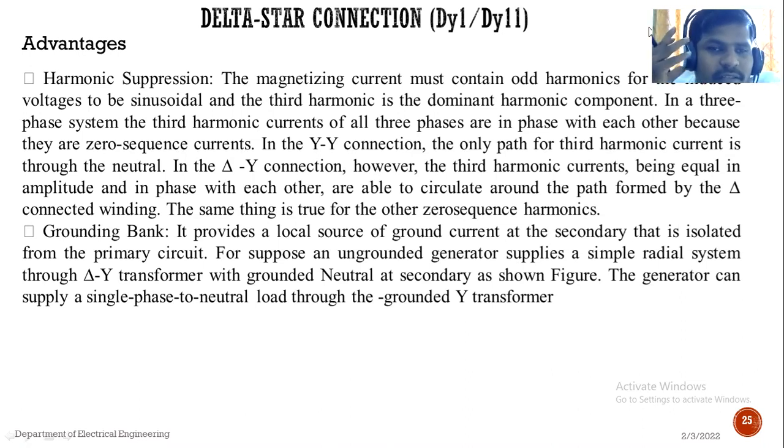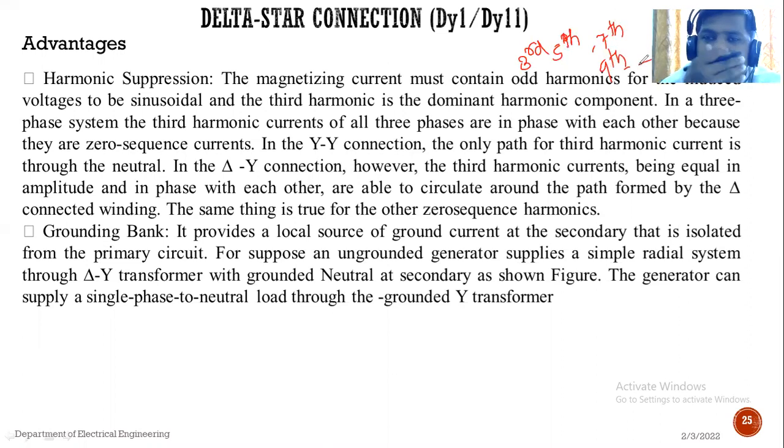Harmonic separation: the magnetizing current must contain odd harmonics. This magnetizing current will contain odd harmonic components, that is the third harmonic, fifth harmonic, seventh harmonic, or ninth harmonic, like that.